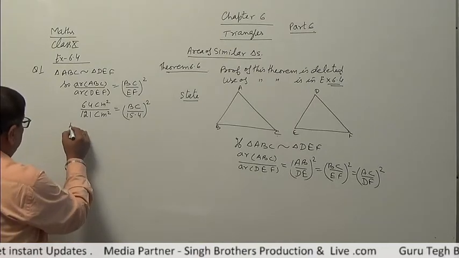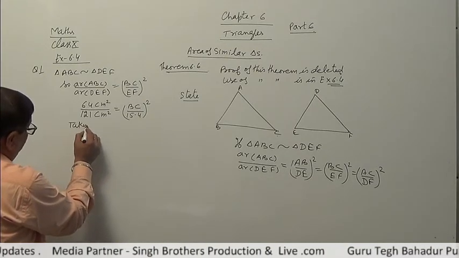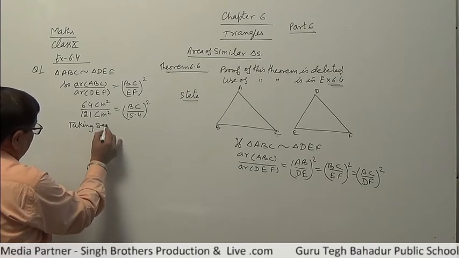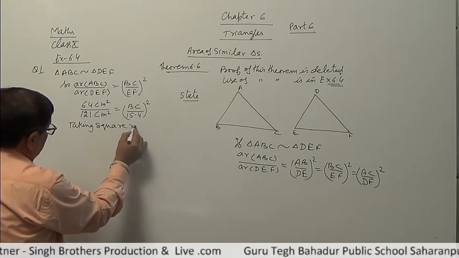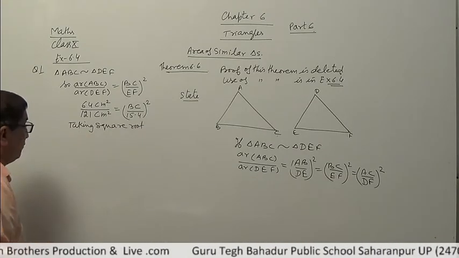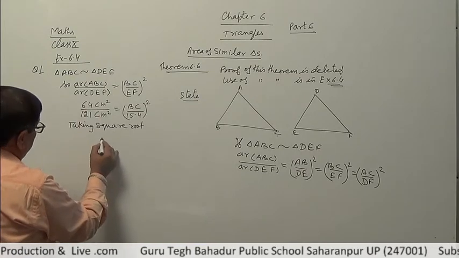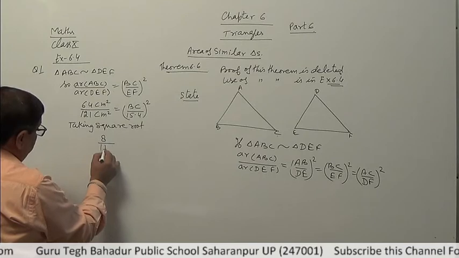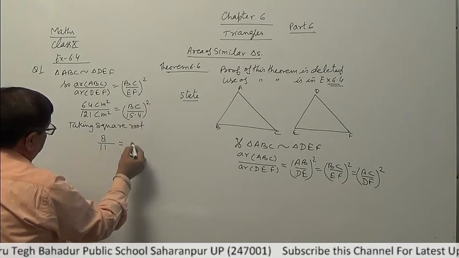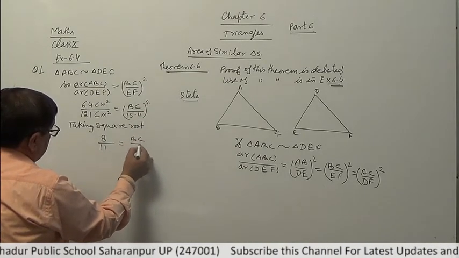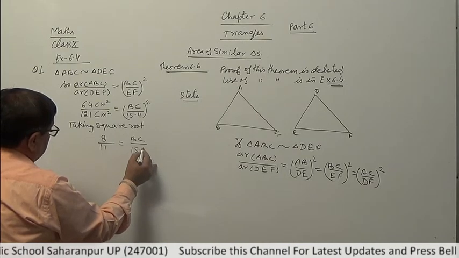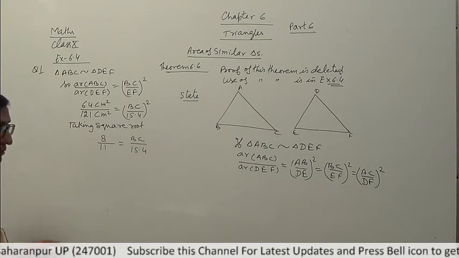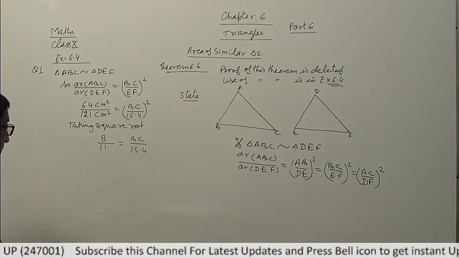Taking square root, square root of 64 is 8, square root of 121 is 11, the roots will be removed, only left BC upon 15.4.